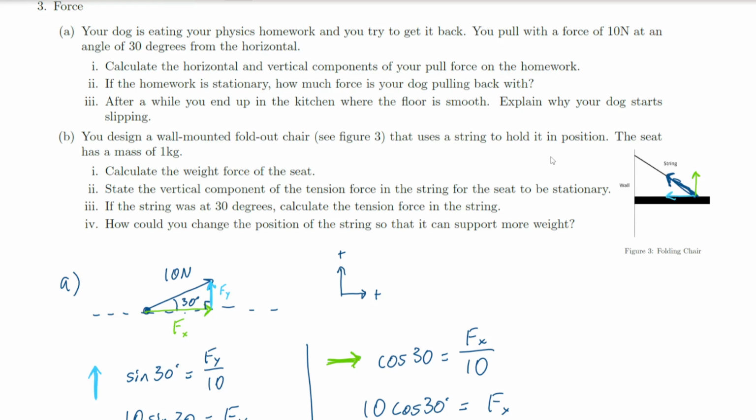And for this seat to be stationary, this upwards force must be equal and opposite the downwards force of the seat. And where does that come from? Well, that comes from the weight of the seat. So in fact, this upwards force must be at least, well, exactly, right, 9.8 newtons to balance the weight force of the seat.